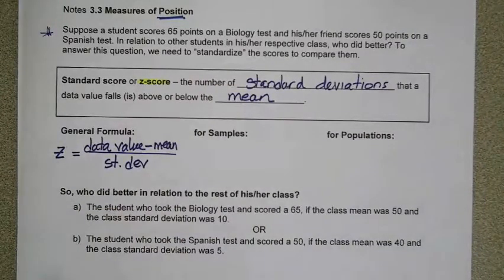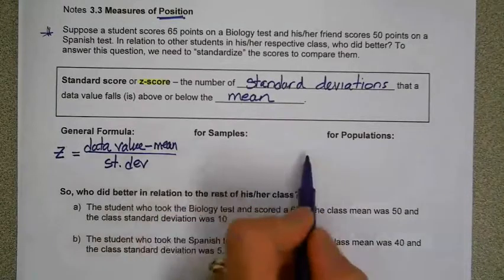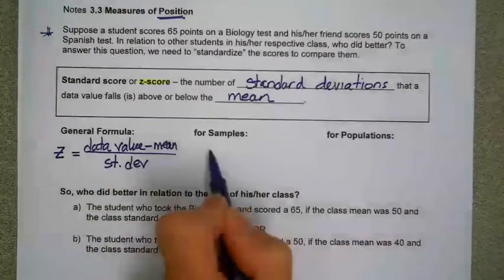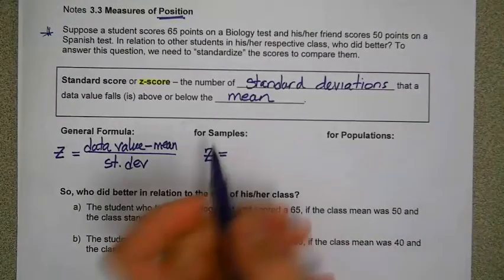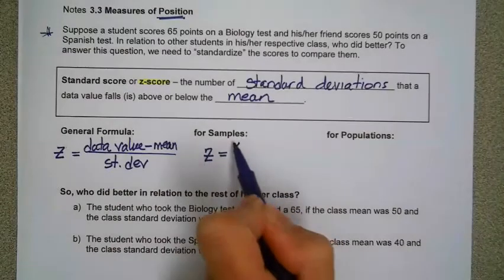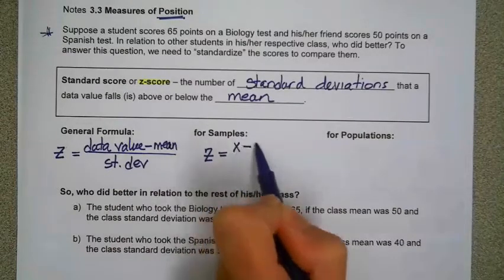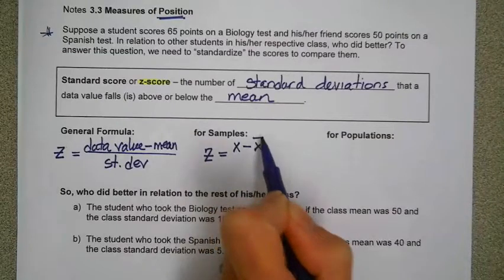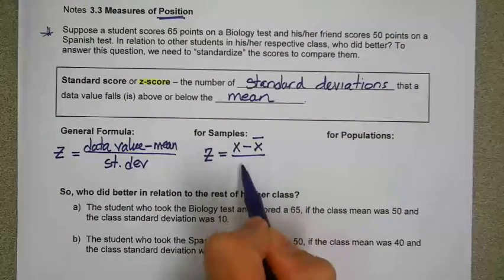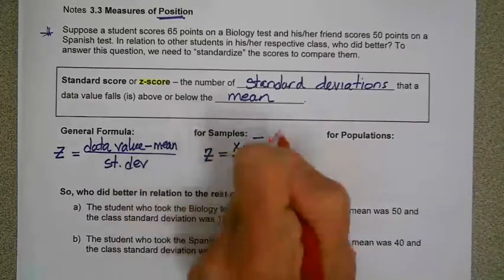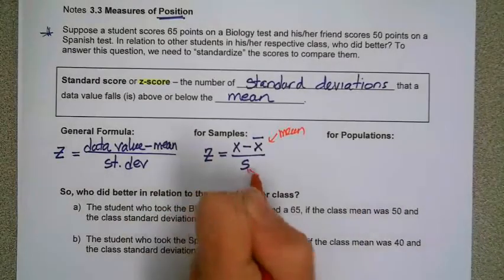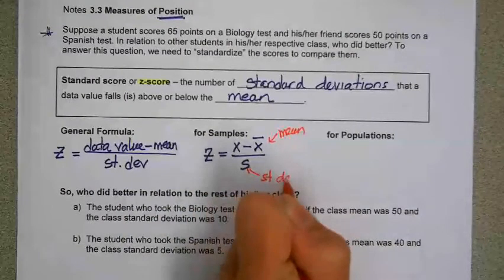That's the formula. The formula looks two different ways depending on if you're using samples or data from populations. For samples, we'd be using the Roman letters: x, which always represents our data value, minus x bar, the mean, over s, our symbol for standard deviation.